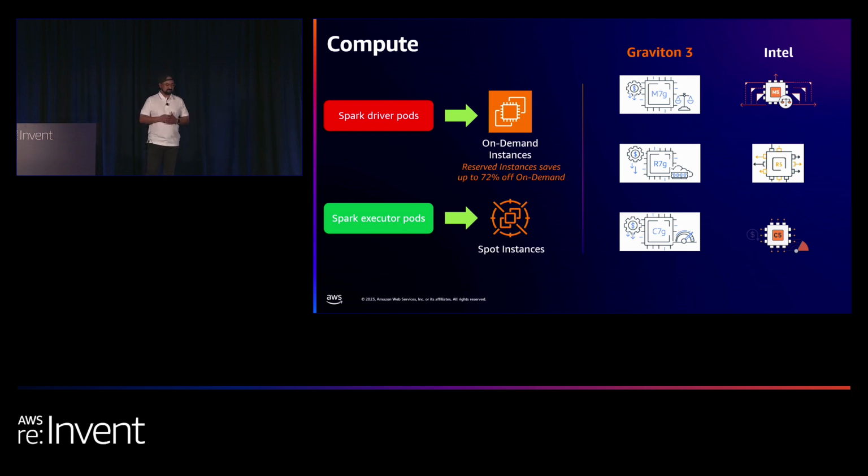And when it comes to compute, Som already explained that Pinterest started the journey on Intel, but then eventually moved to Graviton, and they have seen better performance and reduced costs. So we highly recommend you look at Graviton 3, which we have tested. It works really well for Spark running on EKS.